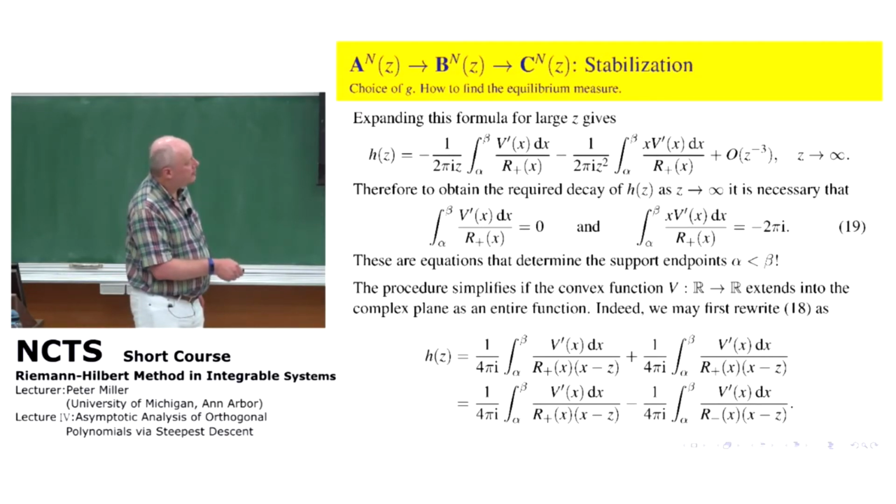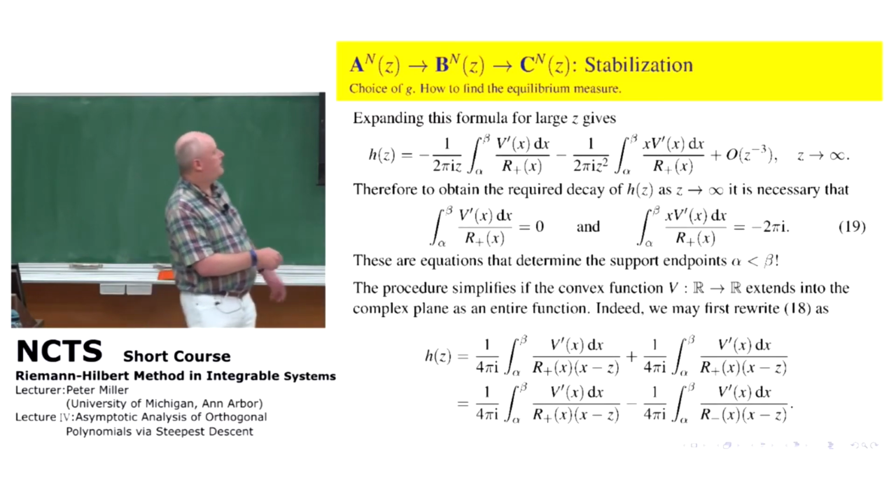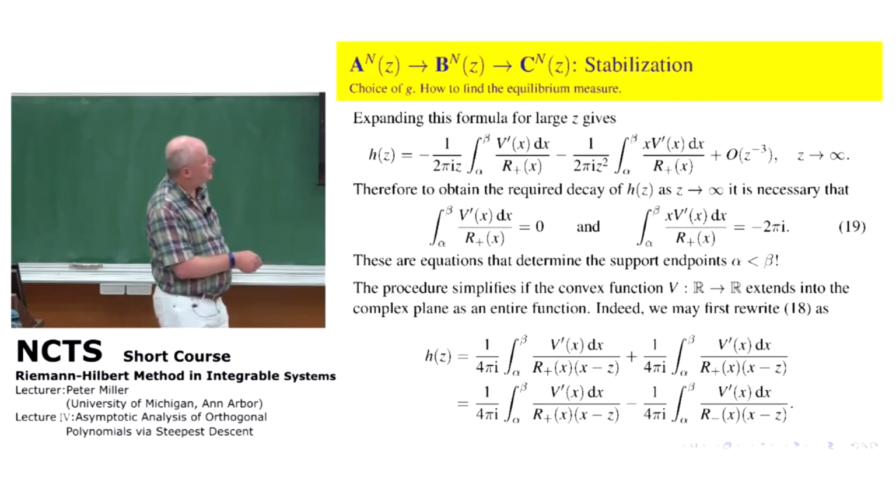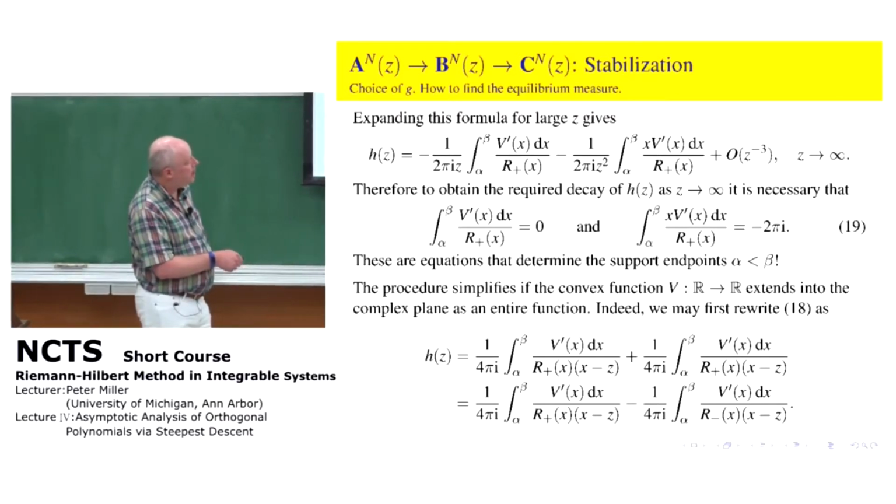So I put minus r minus there. And now if you think about what these look like, if this v is an analytic function, it's like I'm integrating some integrand along the plus side of the branch cut of this function r from alpha to beta. And then minus, I'm starting at beta and coming back to alpha on the other side of the same branch cut. So that's how we have to think about it.